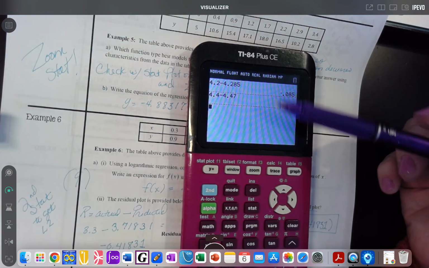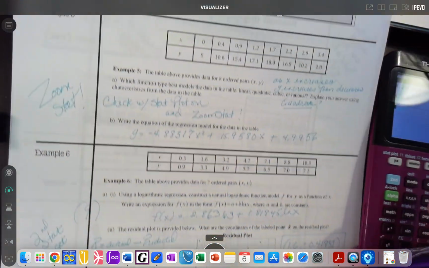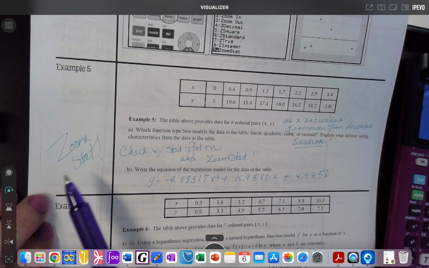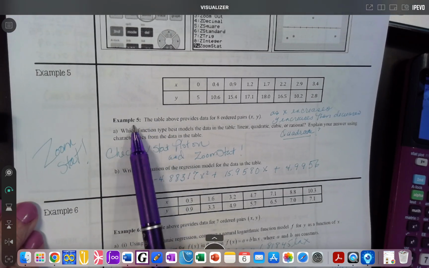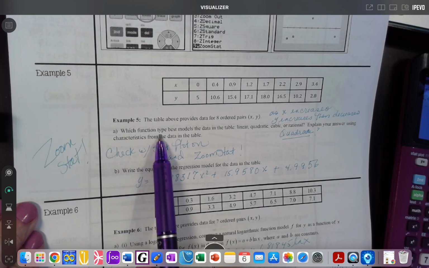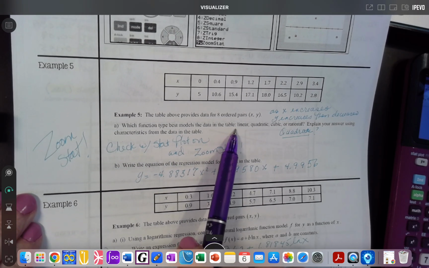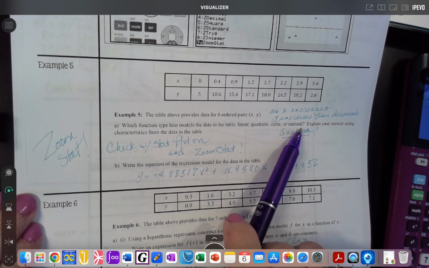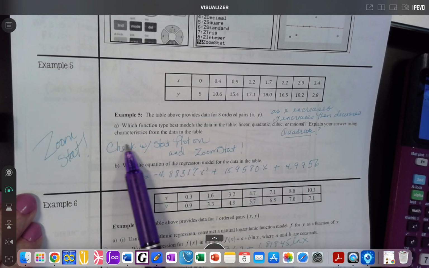All right, now let's go on to example 5 in our notes. We have a new example with 8 ordered pairs, and it wants to know which function best models the data in the table: linear, quadratic, cubic, or rational, and explain your answer.